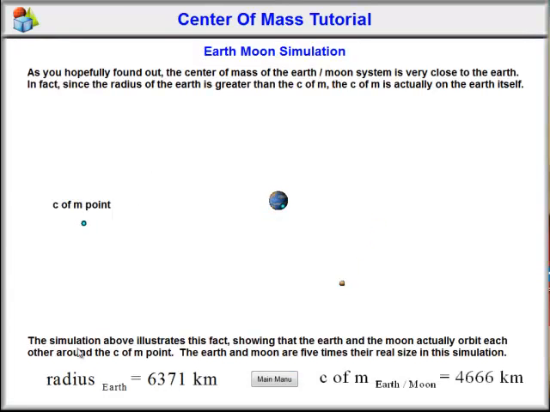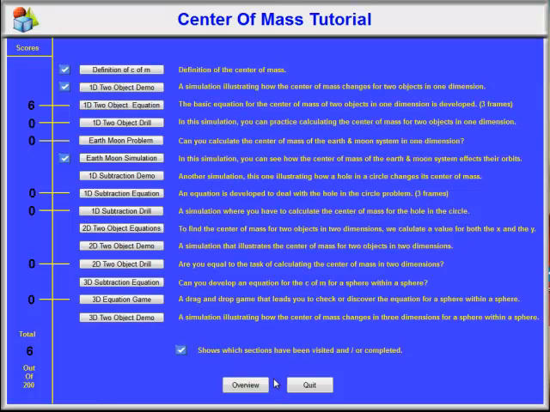There's an Earth-Moon simulation where it illustrates exactly where the center of mass would be for the Earth-Moon system. And as you can see, it's actually inside of the Earth's radius or diameter.